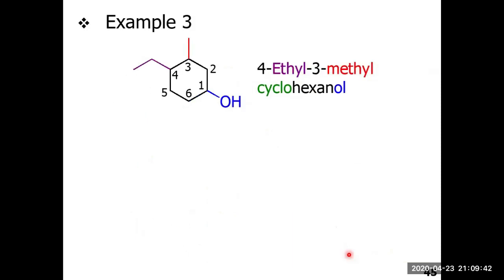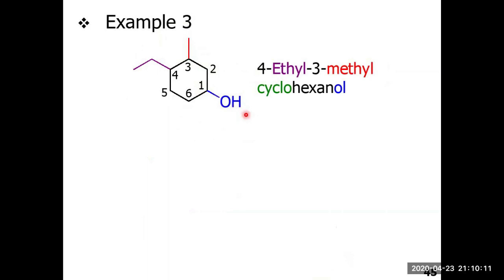This is actually a nice example because you have here a functional group, which is a hydroxyl functional group, and the presence of your alkyl groups. So in this case, we numbered this carbon atom bearing the OH group as carbon number 1 always. If you have a hydroxyl group, why?